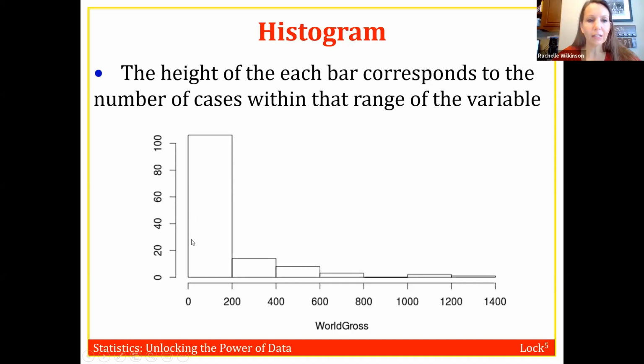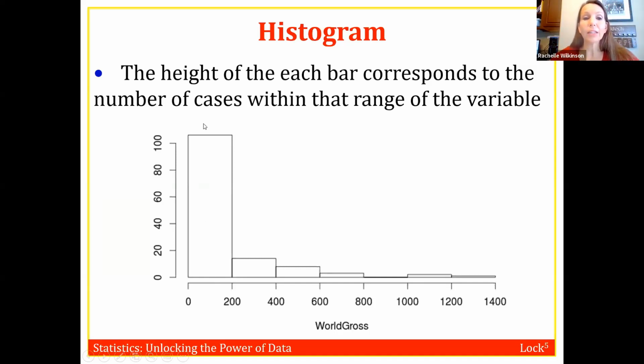So the sides of the bar here represent the upper and lower bounds of the bin. So when they made this histogram, their bins went from 0 to 200, 200 to 400, 400 to 600, 600 to 800, 800 to 1,000, etc. So their bin width was 200.